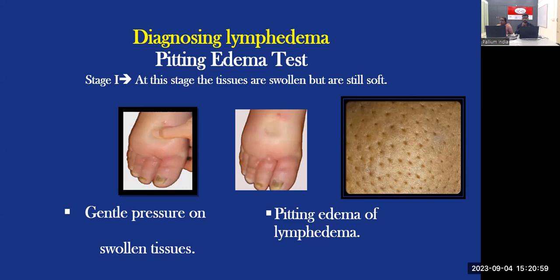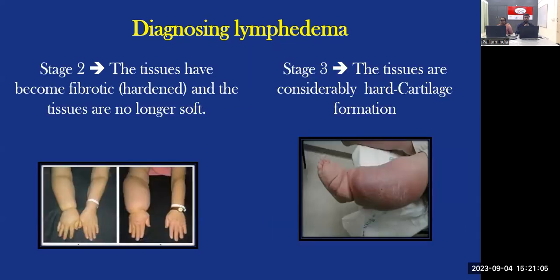But if this stage is not managed, it goes to the second stage, that is fibrotic, a little bit hardened, no longer soft. Sometimes creases will be there. This is very difficult to manage, but we will try to reduce their edema as much as we can.